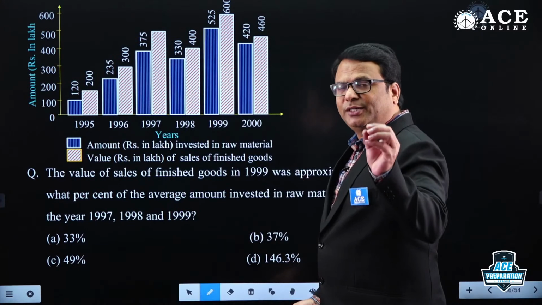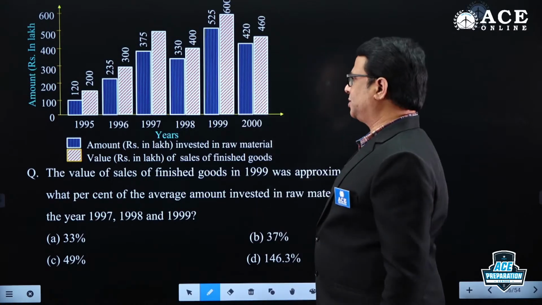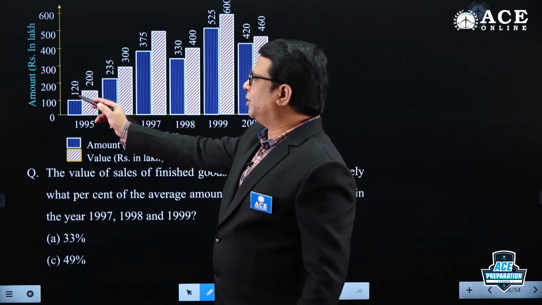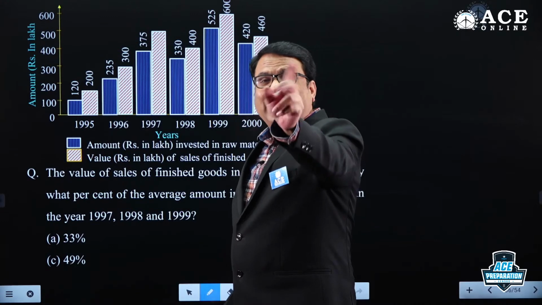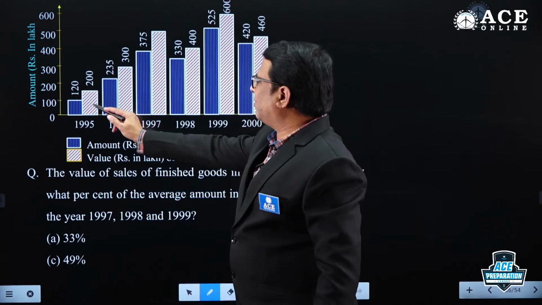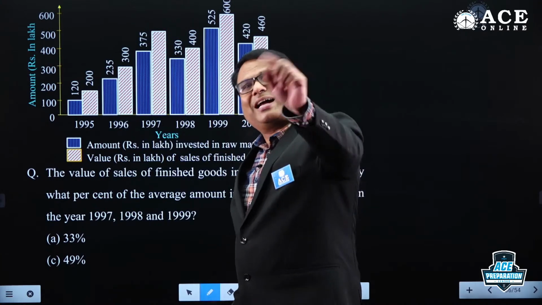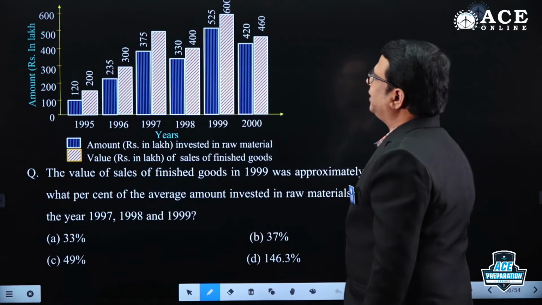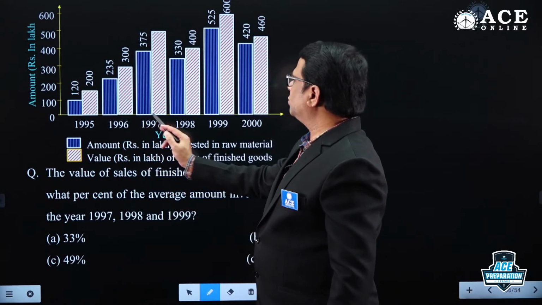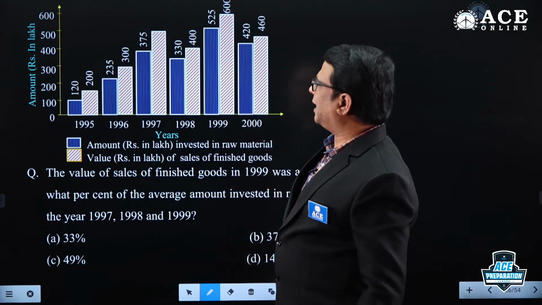The blue graph represents investment in raw material in lakhs of rupees, and the other one represents the value of the finished goods in lakhs of rupees. The data is given for a total of 6 years.